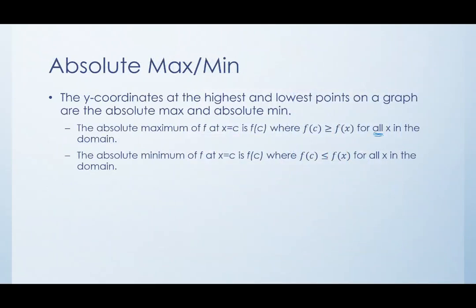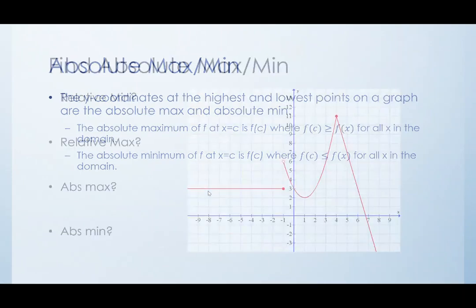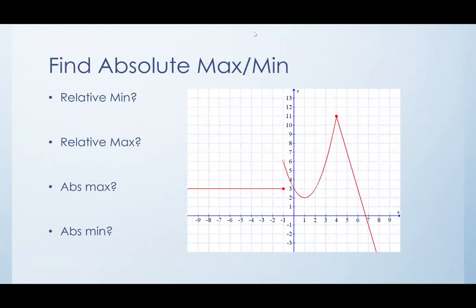And same thing for the absolute min, at some location x equals c, where the function value at that location is less than all the other function values everywhere else in the domain.